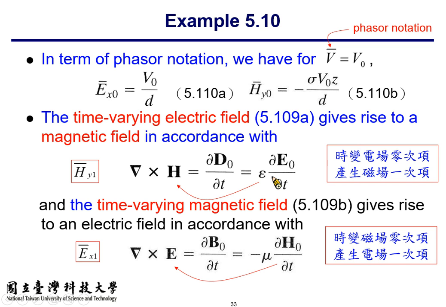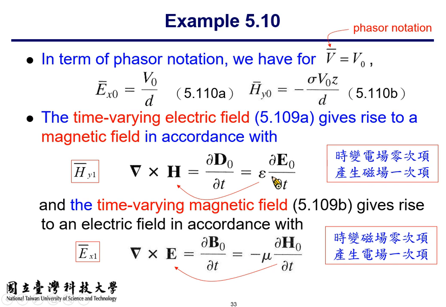Okay, so the problem is you need to do the derivation of the first order term twice. You need to find both the magnetic field Hy1 and Ex1 from Ex0 and Hy0. Okay?